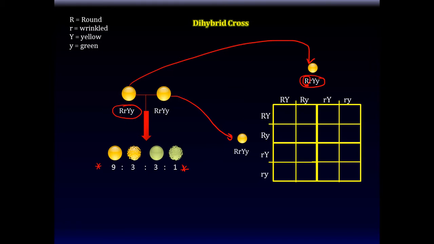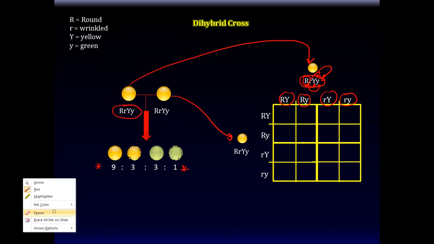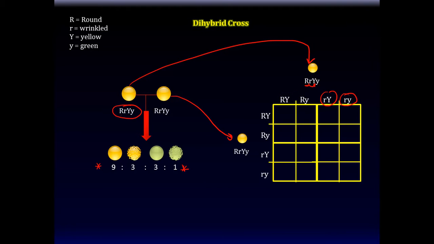They can make big R with big Y, big R with little y, little r with big Y, and little r with little y. Those are the 4 potential gametes that this plant will be able to produce.